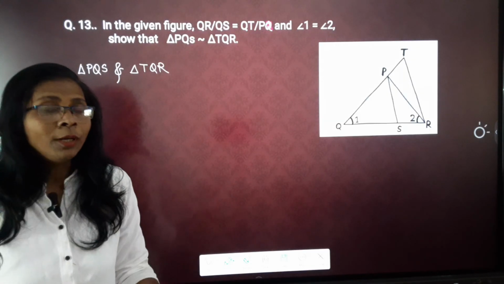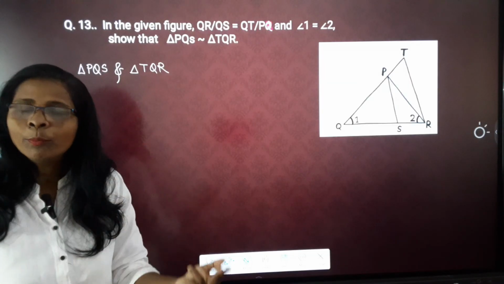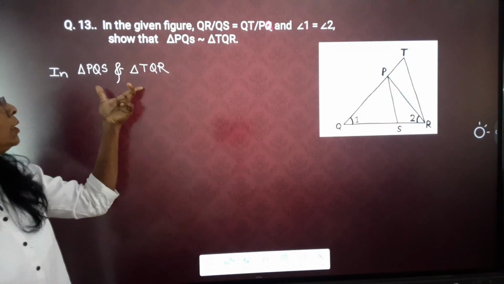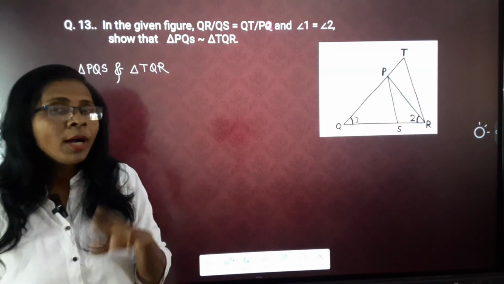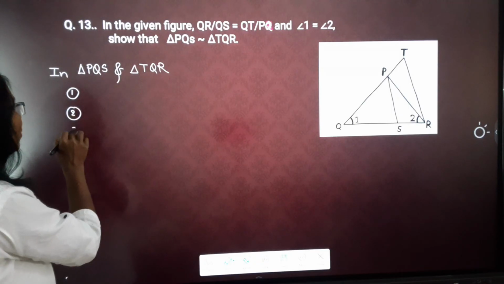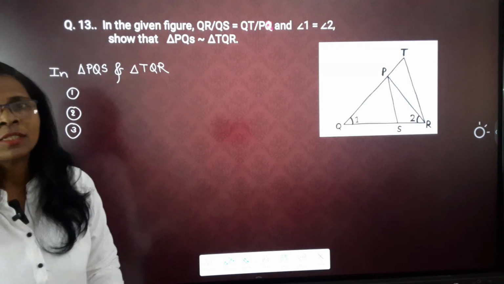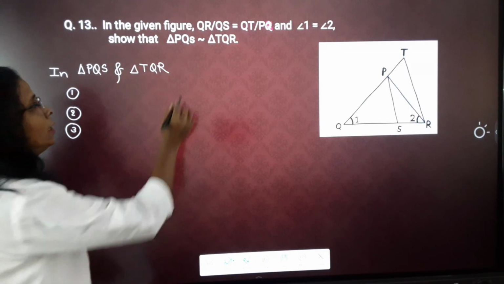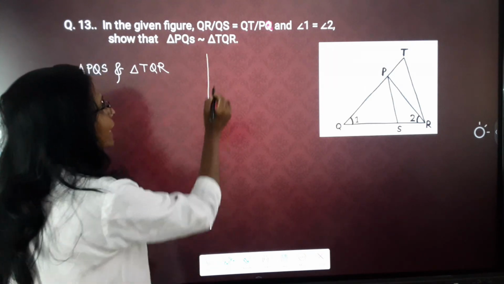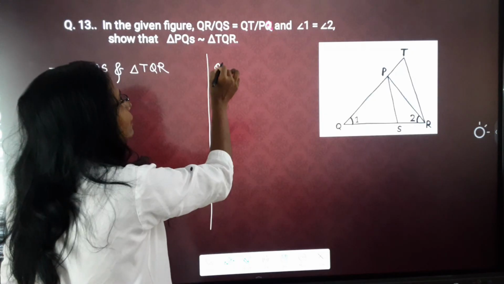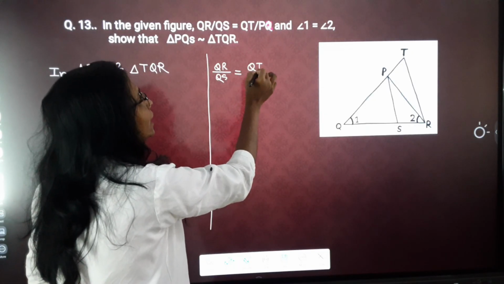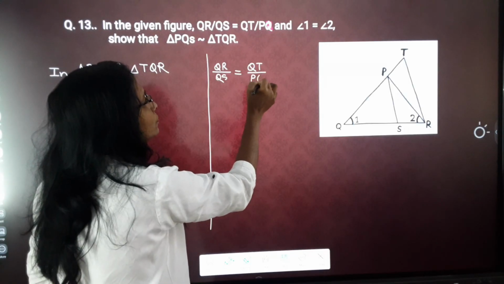If we get the angles, then two components are sufficient to show that these two triangles are similar. But here, which two or which three components are congruent to each other? That's why first we take the support of our given: QR upon QS is equal to QT upon PQ.